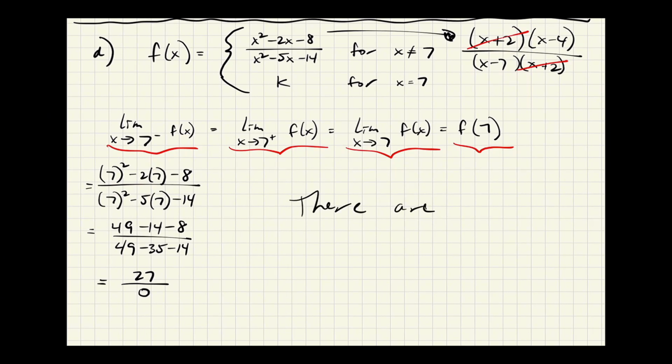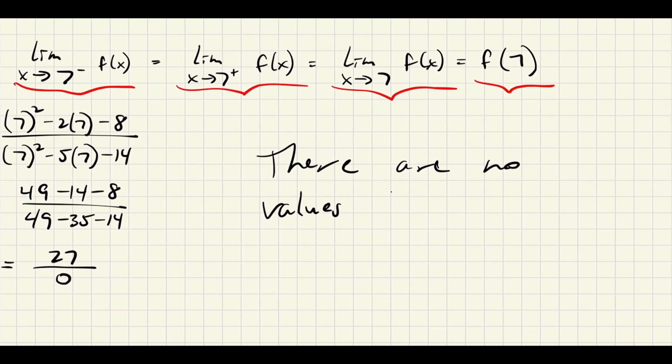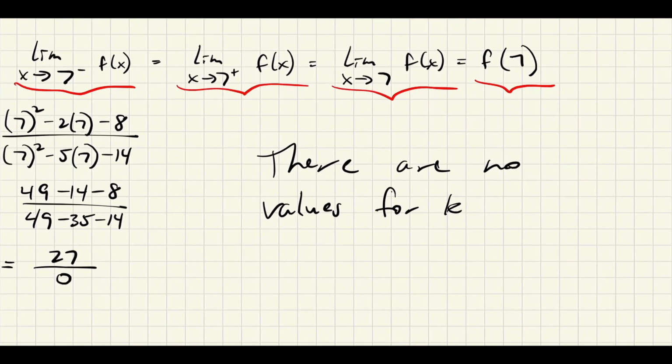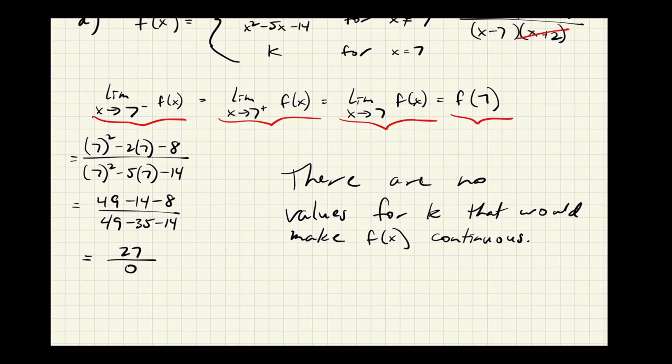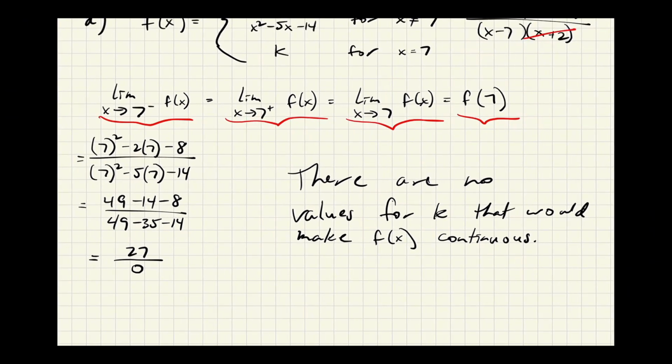there are no values for k that would make f of x continuous, because there's a vertical asymptote at 7.